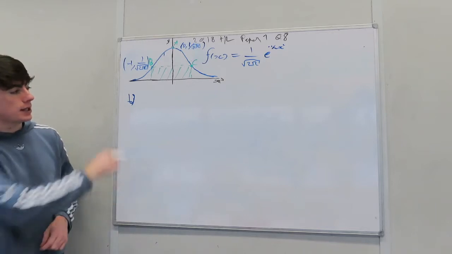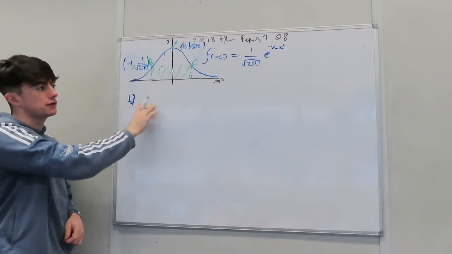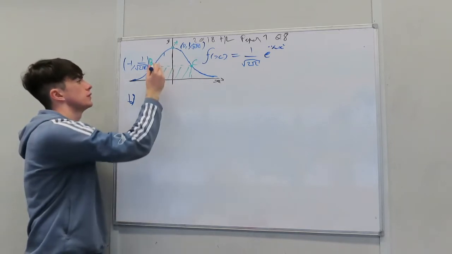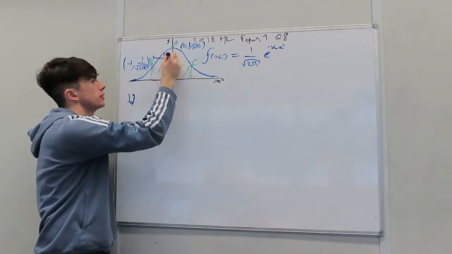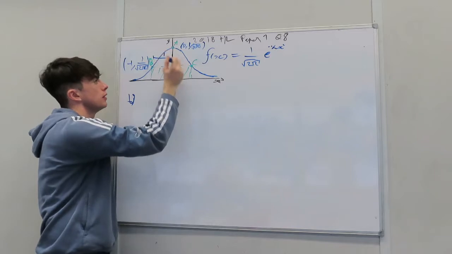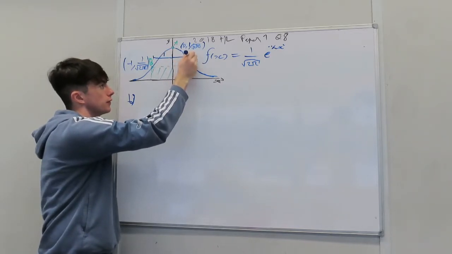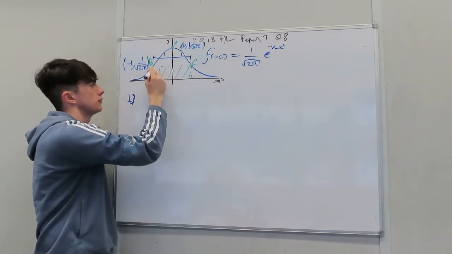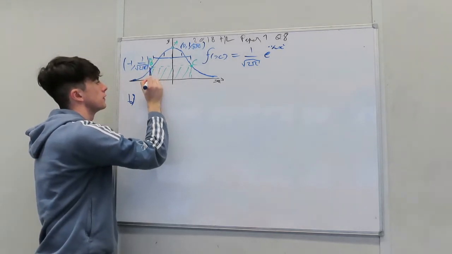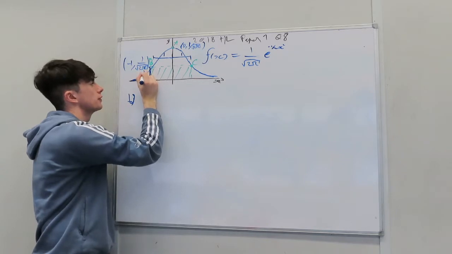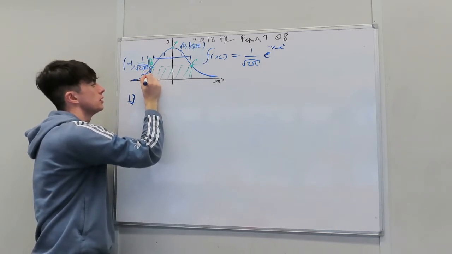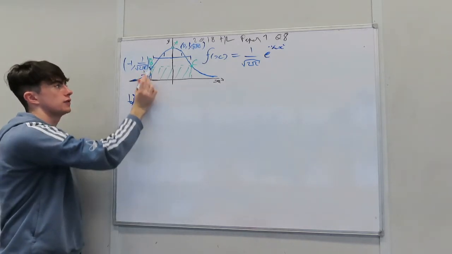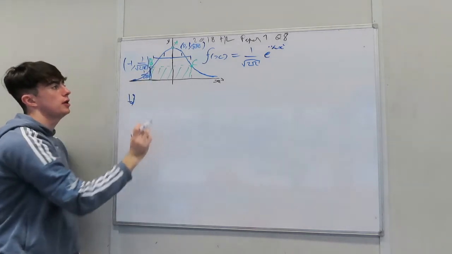So the key part of this part of the question is remembering that the function is symmetrical. So we know that here to here is 1, so here to here is also 1. And we also know that this part's 1 over the square root of 2 pi e, because we know that that's the y value, which is the height up.